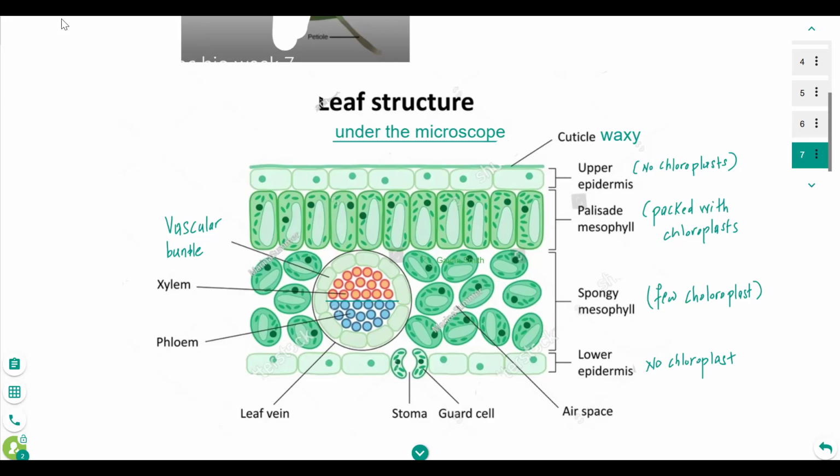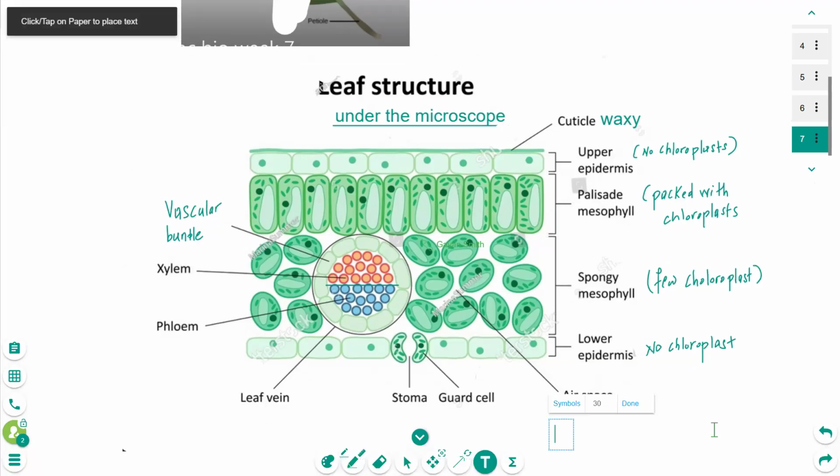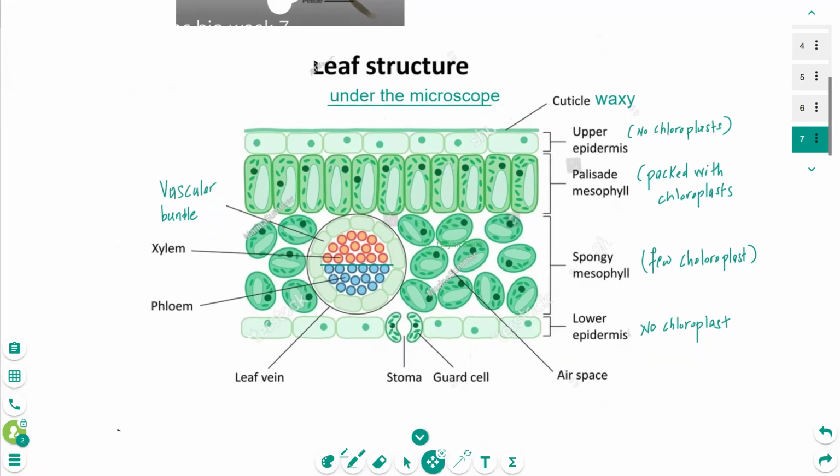All right, guys, I'm going to give you 4 more minutes, and then we're going to discuss. Well, the main layer that does photosynthesis would be the palisade mesophyll layer, right?